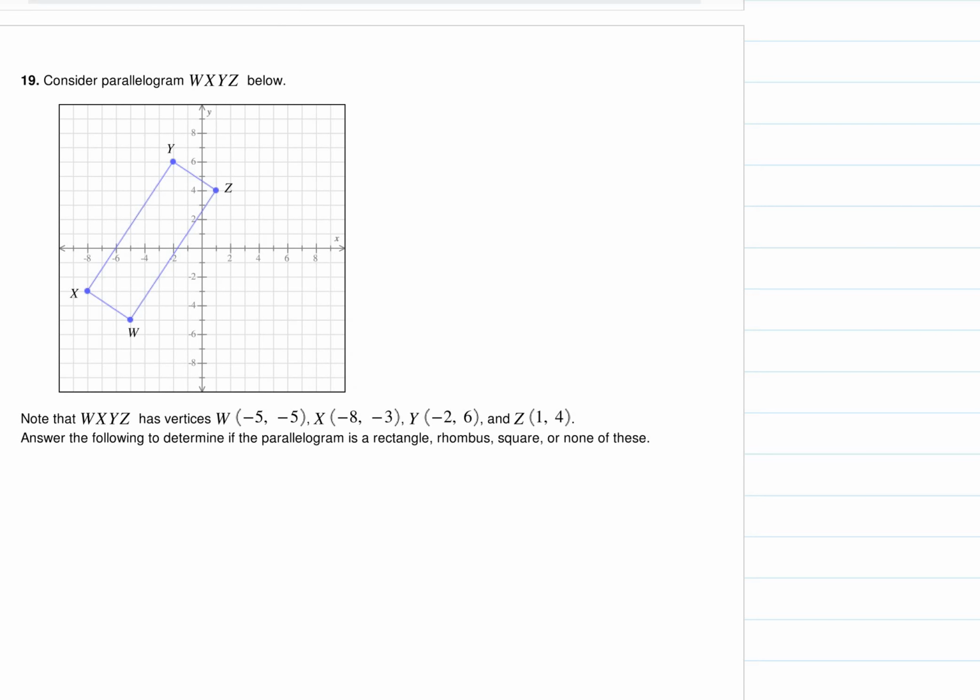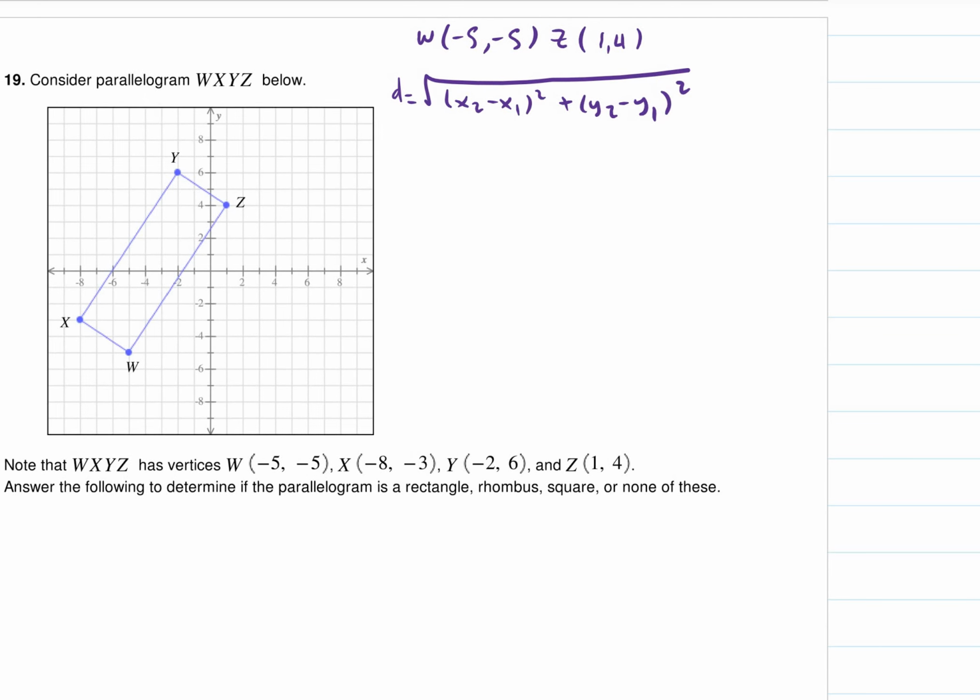W is given as -5, -5. Z is 1, 4. To find the length, you have to find the distance: square root of X2 minus X1 squared plus Y2 minus Y1 squared. We name these X1, Y1, X2, Y2 and plug it in.